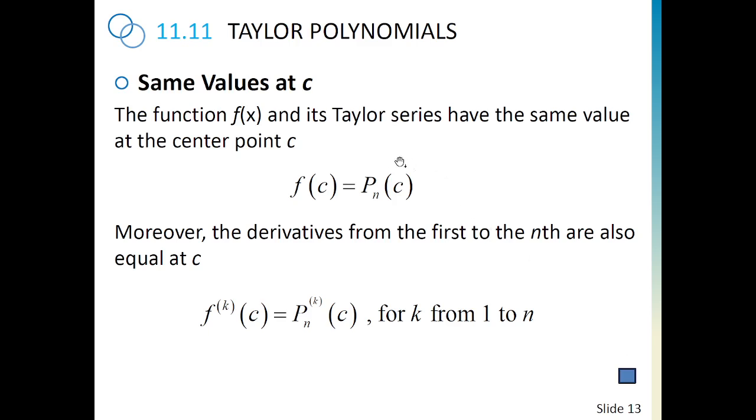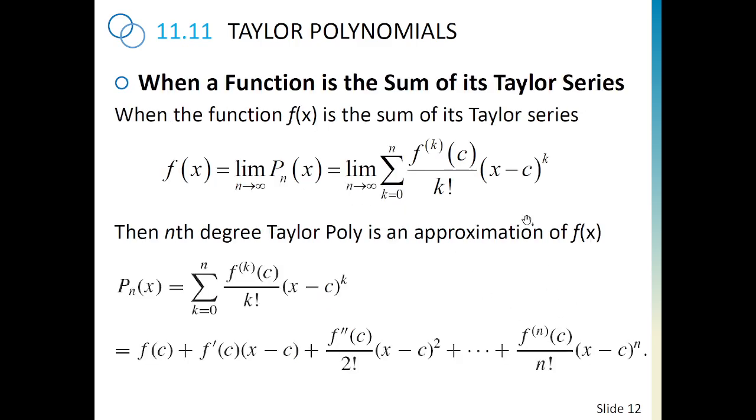One of the observations is that the function f and the Taylor polynomial are equal at the center of the series, where we develop the series. Obviously, if we put x equals c, all of these terms here are 0, we are left with f of c and Pn of c, so obviously they are equal.